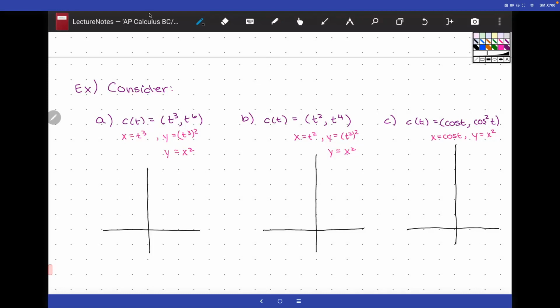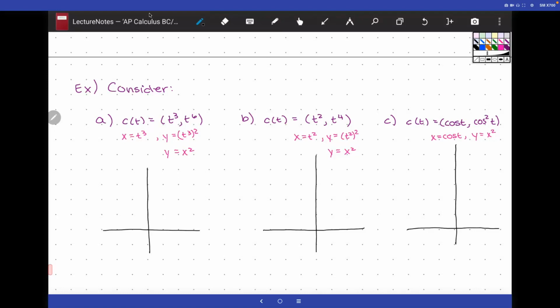I guess we'll start with A. No, let's start with B. What kind of restrictions are we going to have? Now remember, t can be anything. So if we're looking at B, what kind of values can x be? Can x be anything? Sid?